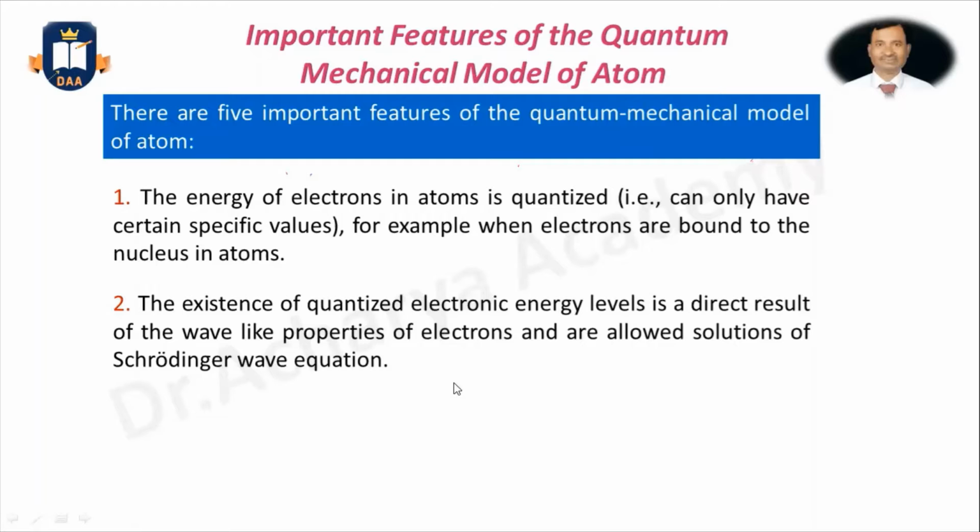That means from the Schrödinger wave equation we got the quantum mechanical model of atoms, and the quantized electronic energy levels exist due to the wave properties of electrons.